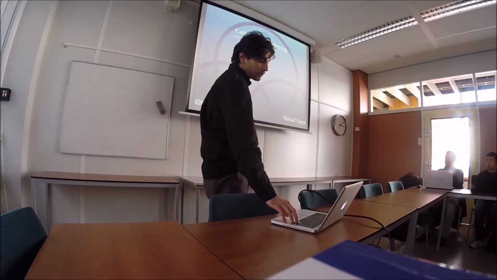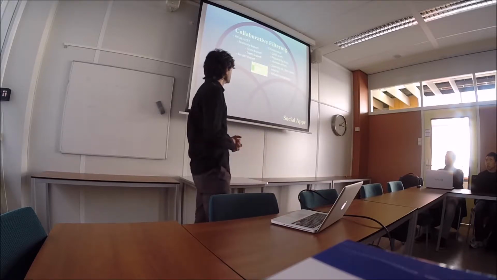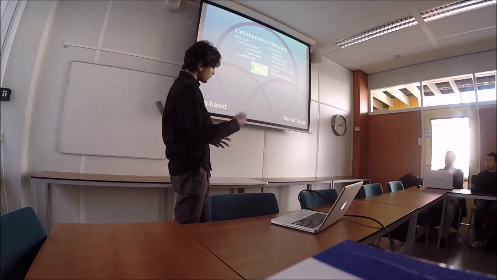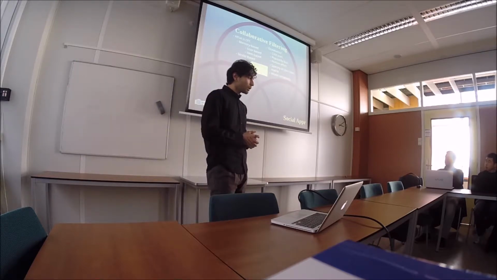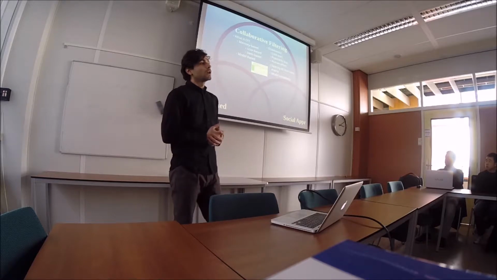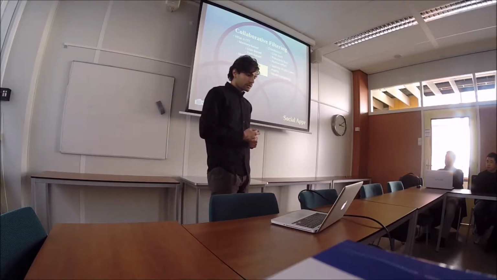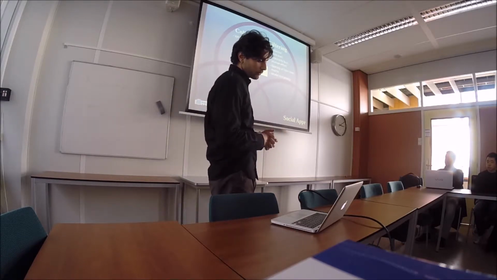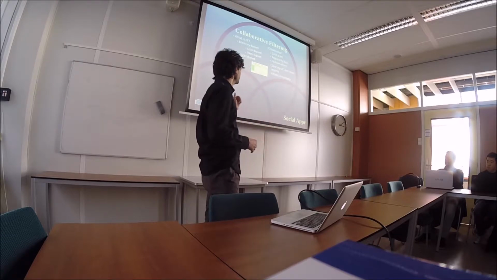Let's take a look at collaborative filtering. This is the first we'll see. Collaborative filtering, the main idea behind it, is to give ratings to items, relying on the ratings of other similar users. You can divide this approach into memory-based and model-based.